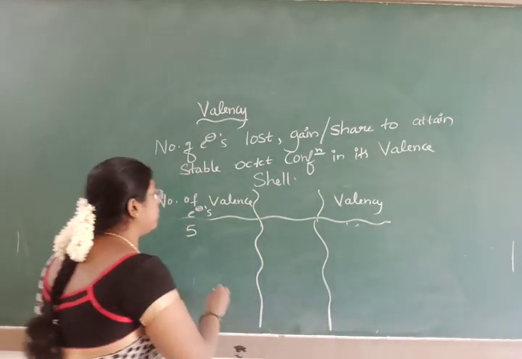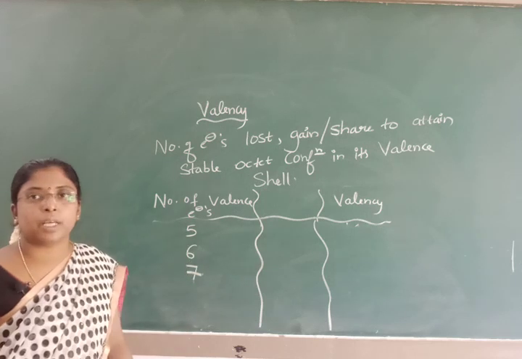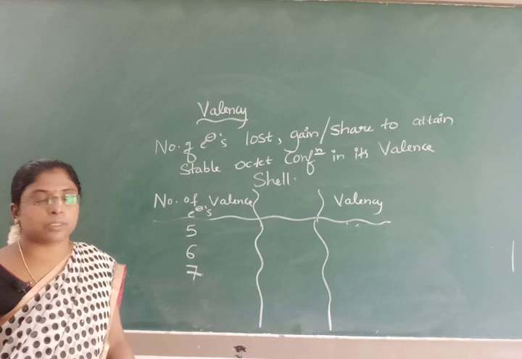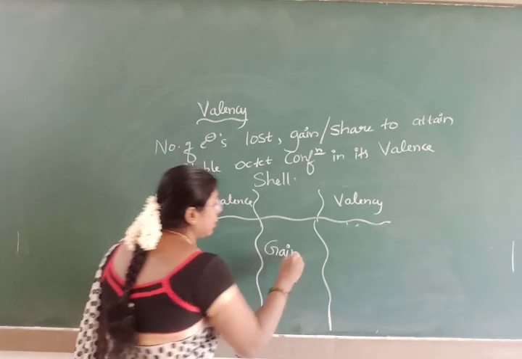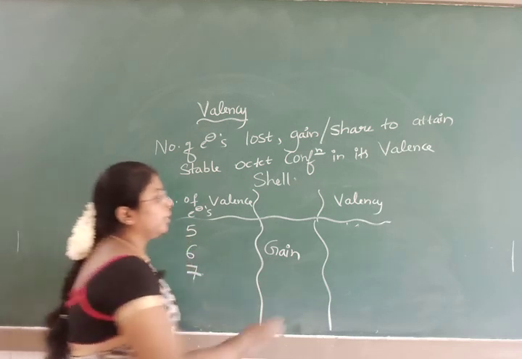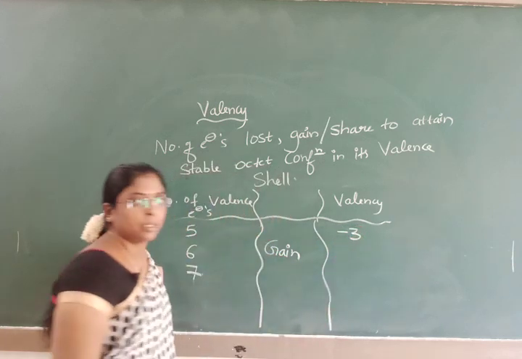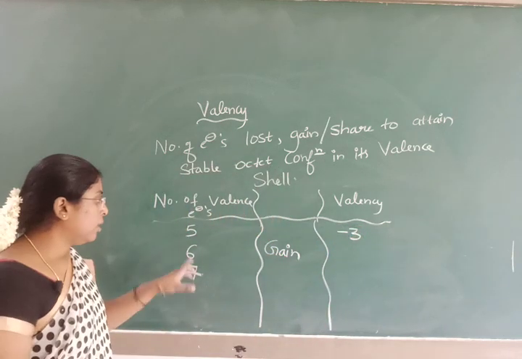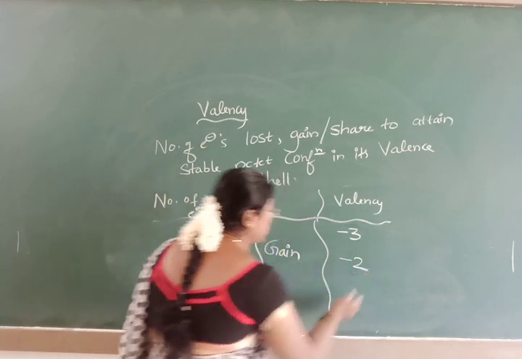When it has 5, 6 as well as 7 electrons in its outer shell, these elements will gain. To form 8 electrons, it gains 3 electrons. When it gains 3 electrons, the charge becomes minus 3. 6 electrons are already there, it gains 2 electrons, minus 2.